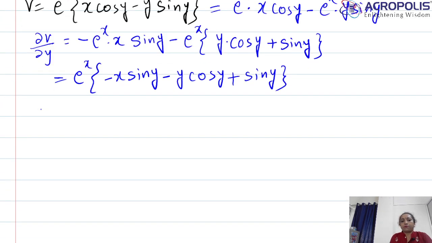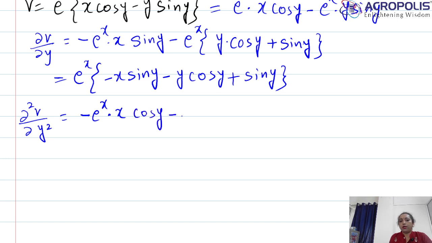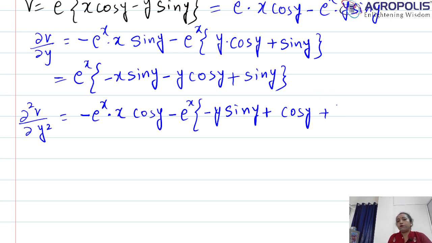Now again, if I am differentiating this factor with respect to y, I am getting del 2v by del y square, which is equal to minus e to the power x dot x, derivative of sin will become cos, so it is cos y, minus e to the power x remains same, y dot cos y, again applying the formula, first function, derivative of second, that is minus sin y, plus cos y as it is, derivative of y will become 1, plus derivative of sin is cos y.